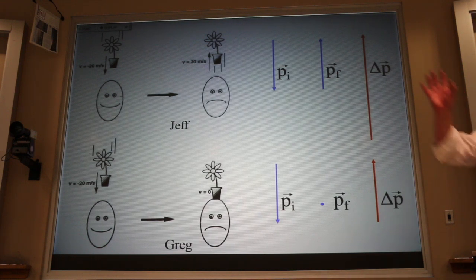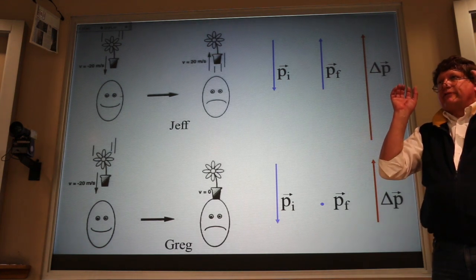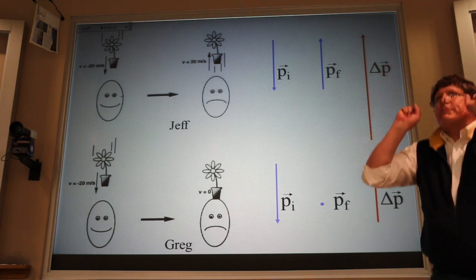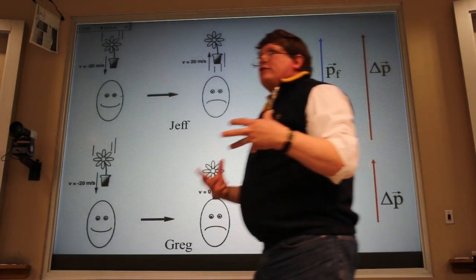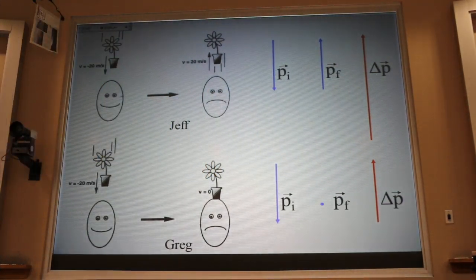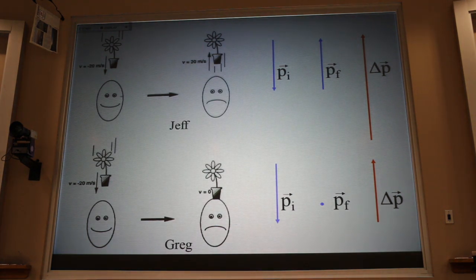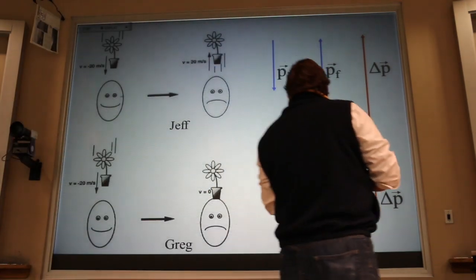Jeff's head not only has to stop the flower pot, it has to stop it and throw it back up in the air. That is a much greater force required if the time is the same. And if Jeff is putting a much greater force on the pot, the pot is putting a much greater force on Jeff.